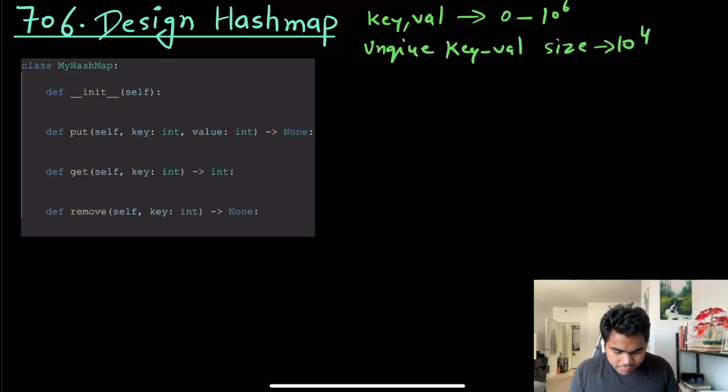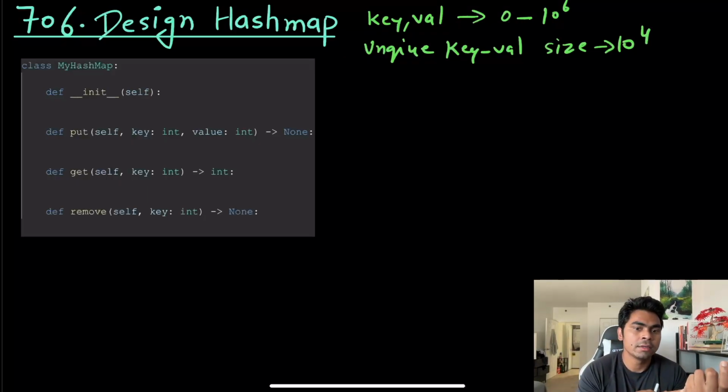Here they have given us integer keys, and values could be anything, but in this case they're also integers. So let's talk about the brute force solution. What is the simplest data structure that can store some values, where keys could be the indexes? It's a list, right? So we can utilize it in this particular problem.